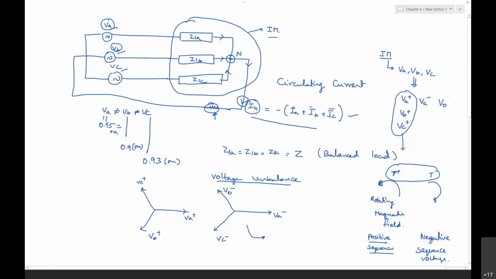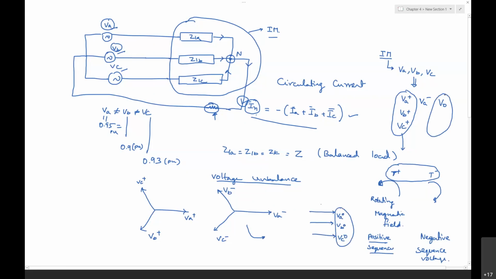Coming back to the zero sequence voltages. The zero sequence voltages are VA0, VB0 and VC0. These are not producing any kind of rotating magnetic field, because it's obvious, right?